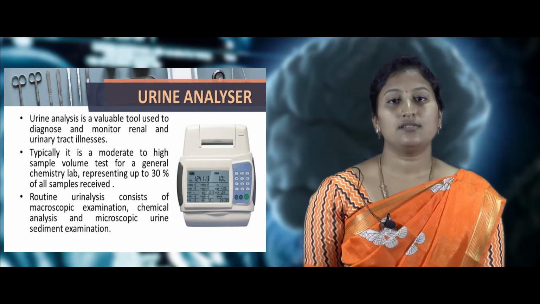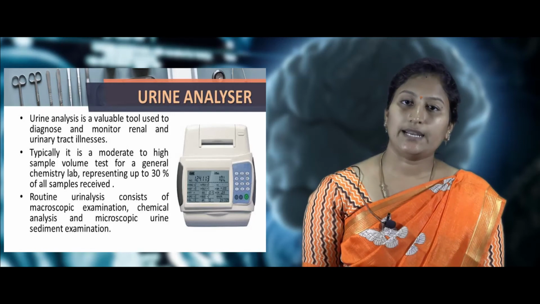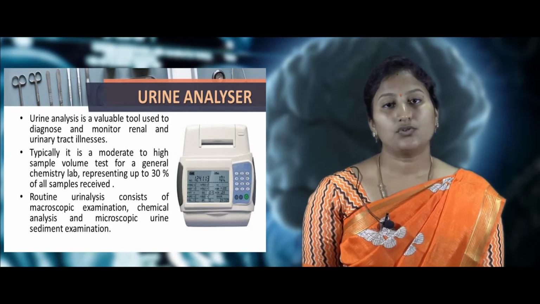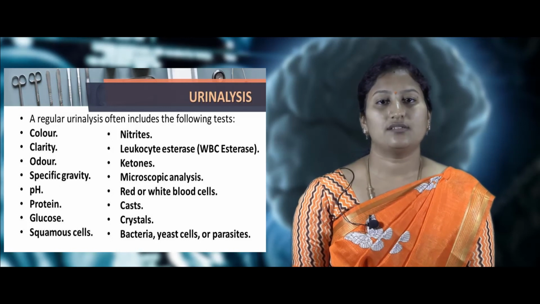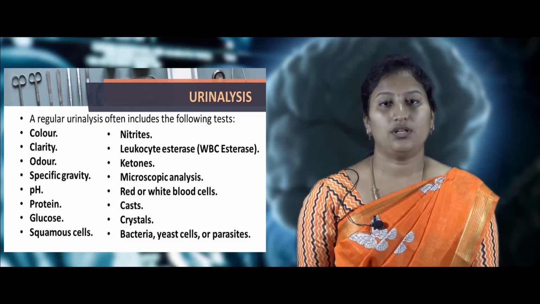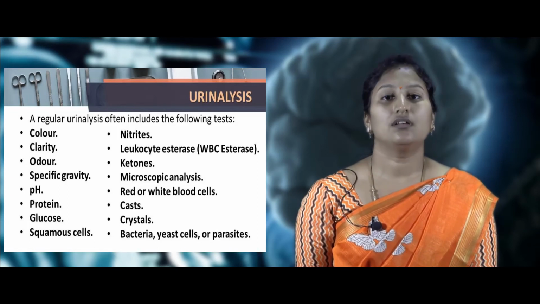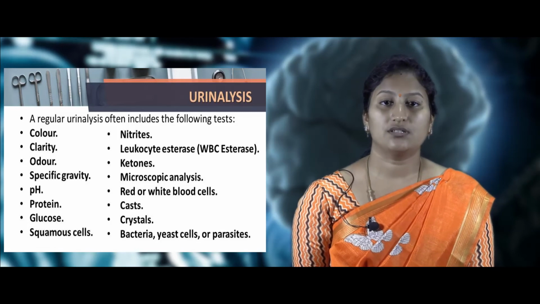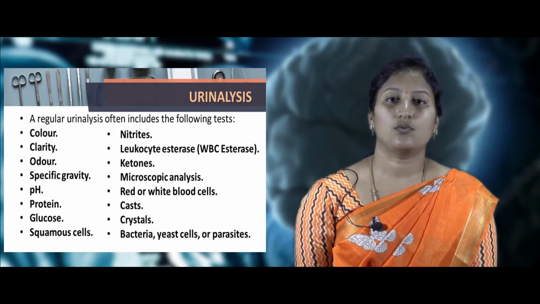Routine urine analysis consists of macroscopic examination, clinical analysis and microscopic urine sediment examination. A regular urine analysis consists of the following tests: color, odor, clarity, pH, specific gravity, glucose, proteins, leukocytes, bacteria, squamous cells, red or white blood cells and so on.